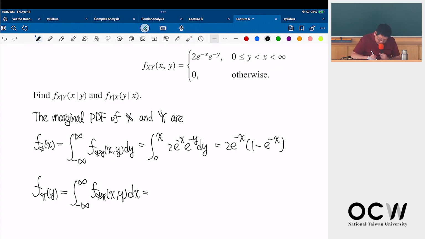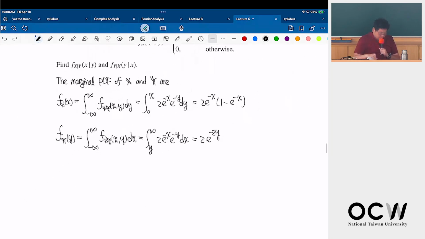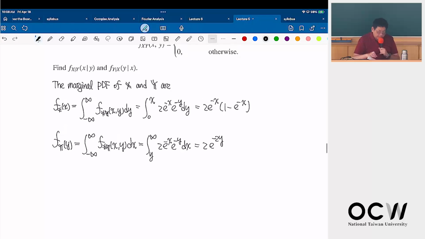So here it is from y to infinity, 2 times e to the minus x, e to the minus y, dx. Then it is 2 times e to the minus 2y. Then we can find the conditional PDF of x given y and also y given x.